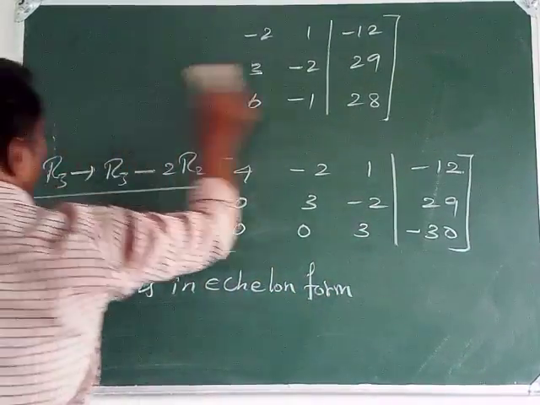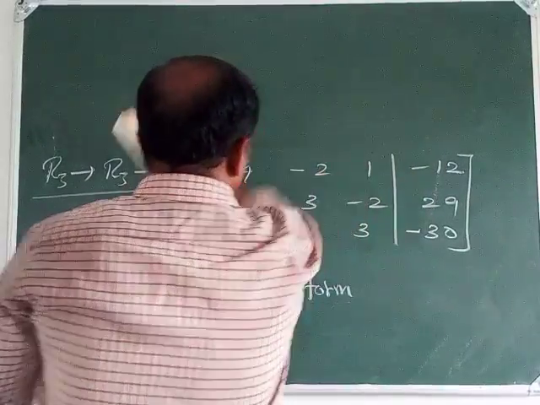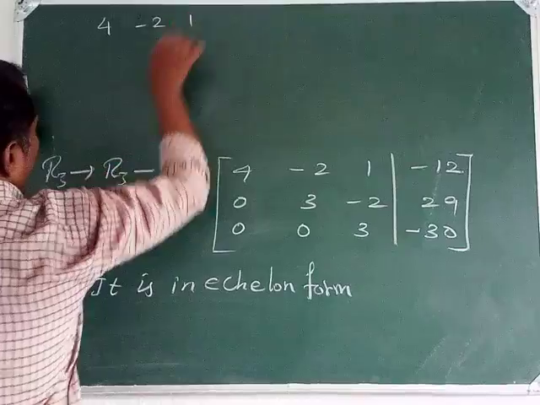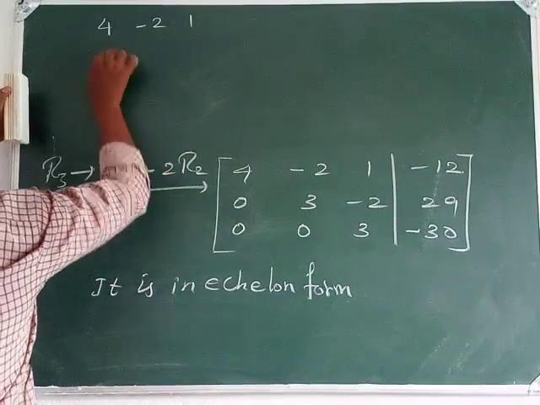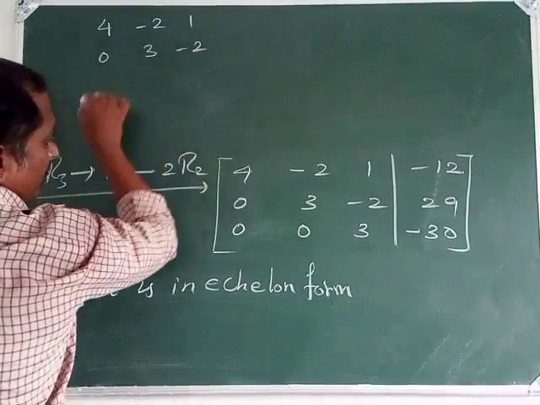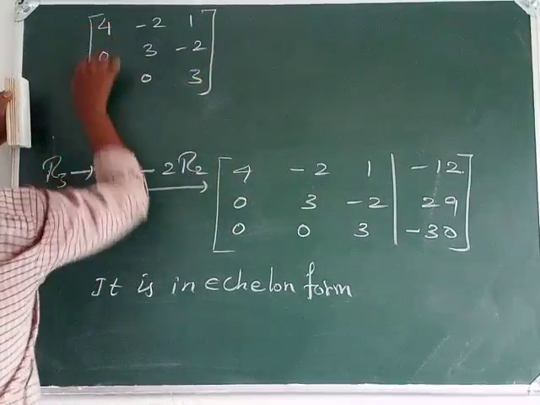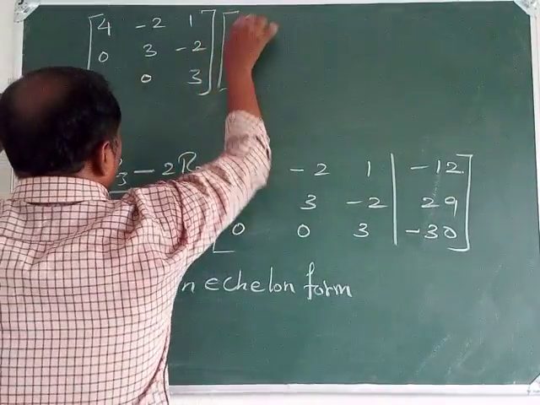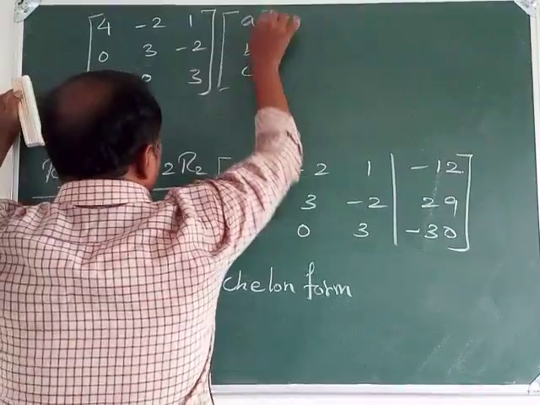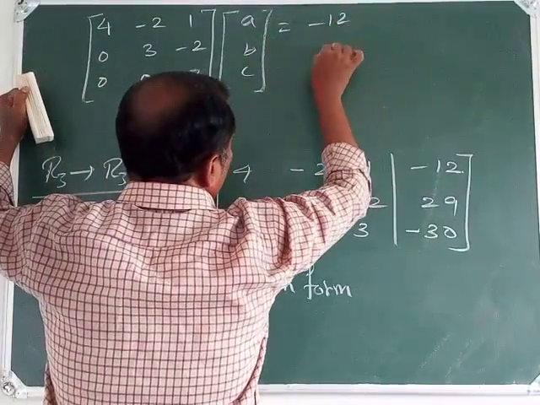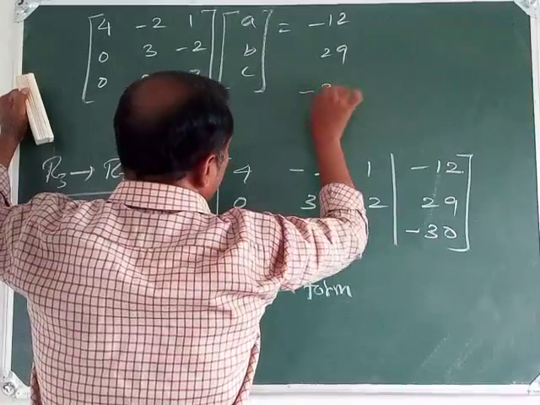After finishing the equivalent form, you have to write the matrix in this format: 4, minus 2, 1, 0, 3, minus 2, 0, 0, 3, into the variables a, b, c, is equal to the right side values minus 12, 29, minus 30.